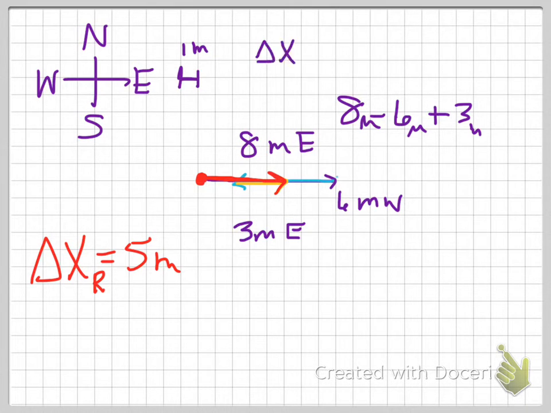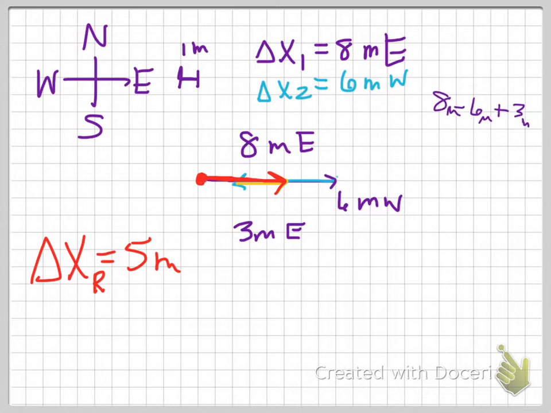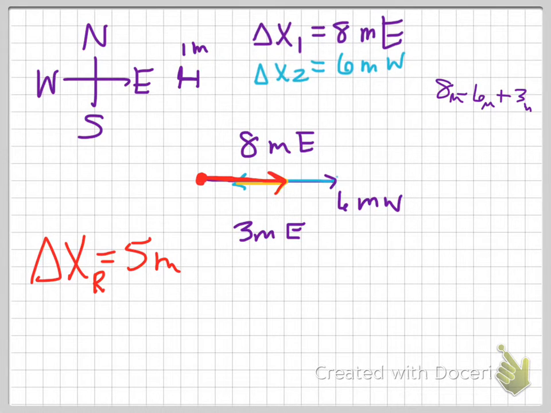So if we're doing a good job of bookkeeping with this, delta x1 equals 8 meters east. Sticking with my color coding, delta x2 equals 6 meters west. I'll move these up a little bit.